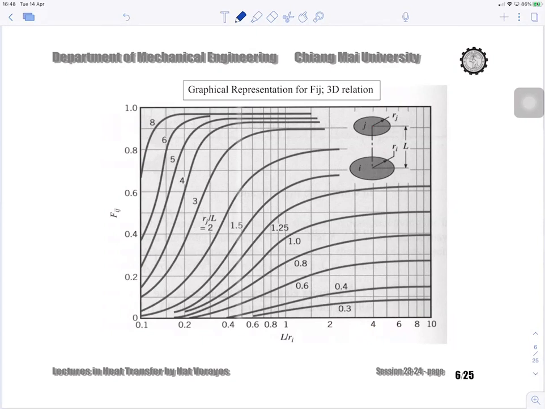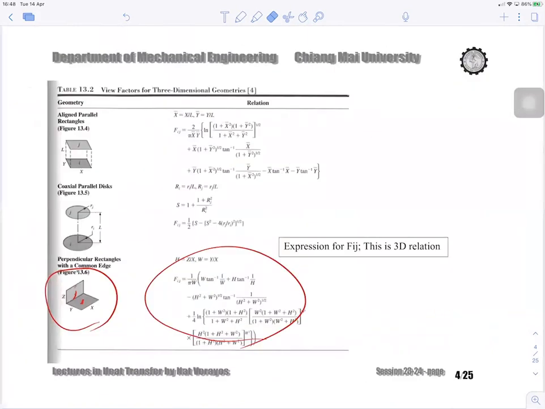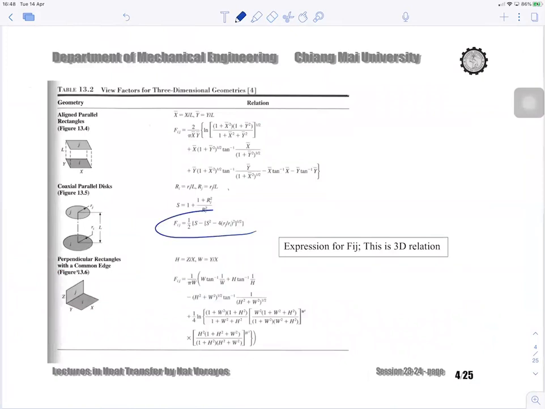You can find Fij, and after that you can find Fji also from the reciprocity relationship. But of course, if you have a geometry like this, you can read it from the table right away. Or if you don't like the table, you can use the equation like that.